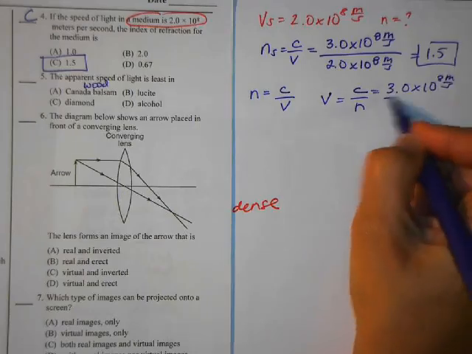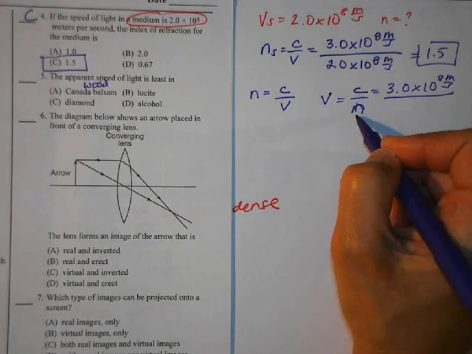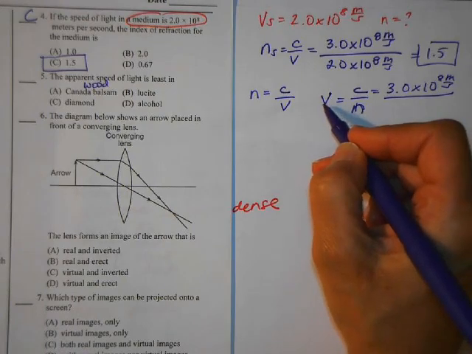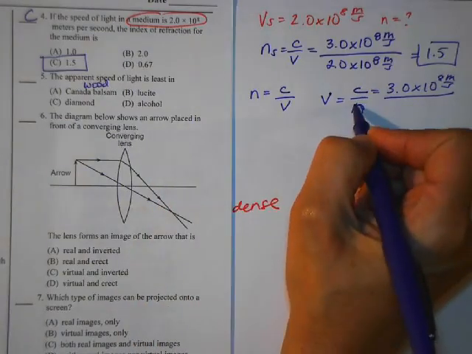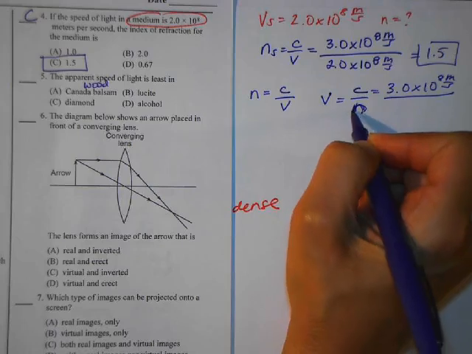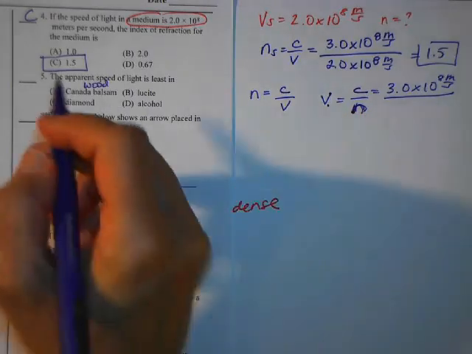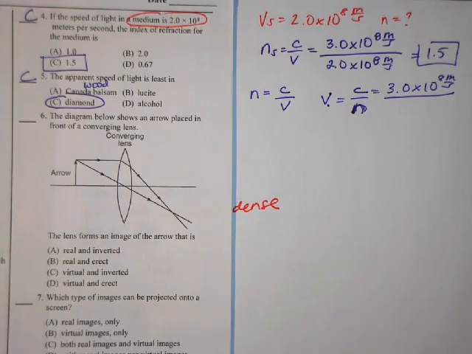Now, you're not going to sit here and write all the numbers. The larger this number is, the smaller this number is. So when you look at the chart, you know that a diamond has the greatest index of refraction, so the number in the denominator will be the greatest, so the speed will be the lowest. So it's going to slow down the most in a diamond.